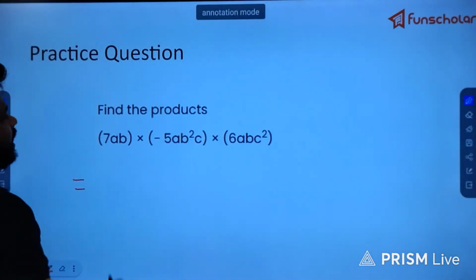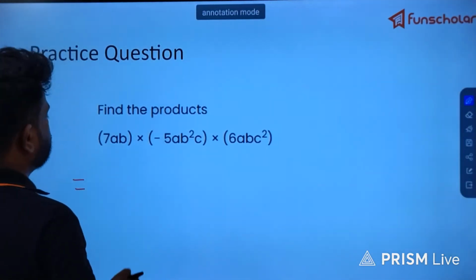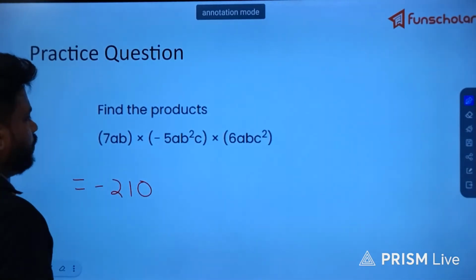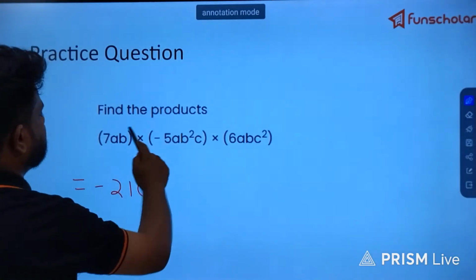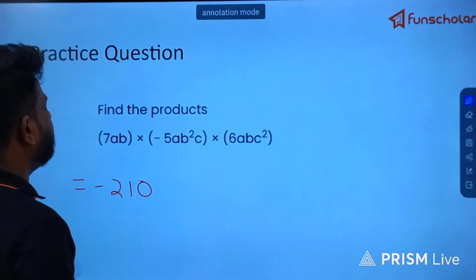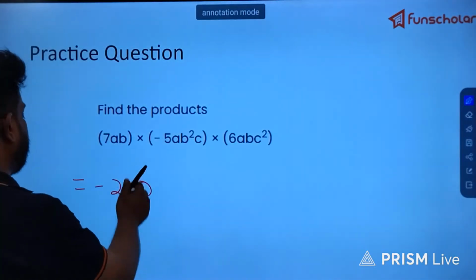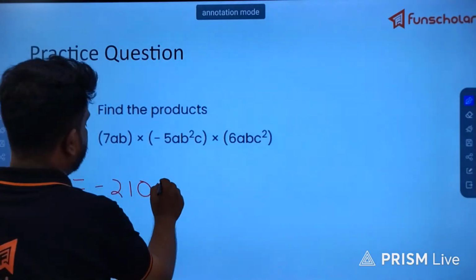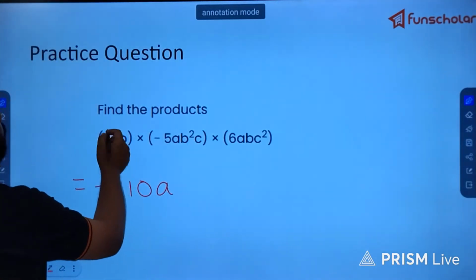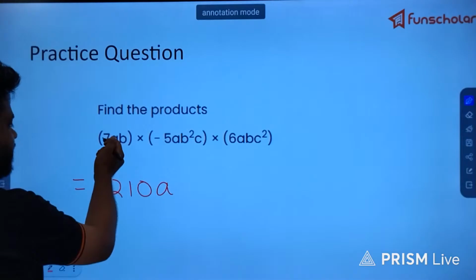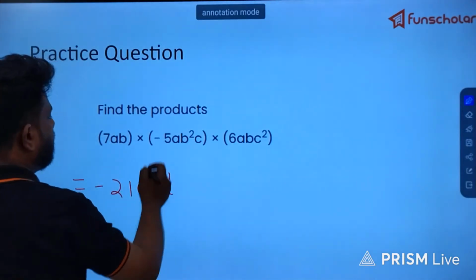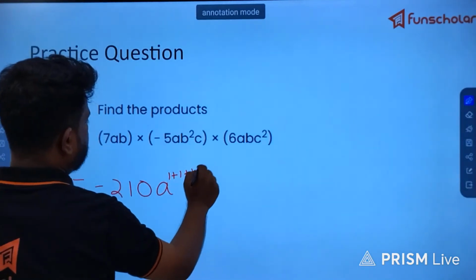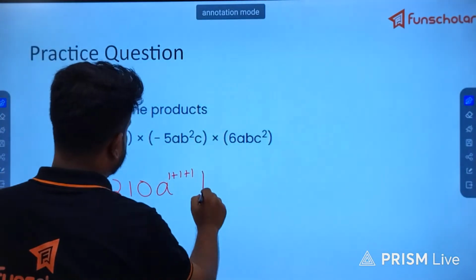So here we have to multiply them as well. So it will be minus 210. Why minus 210? 5 into 6 is 30, and 30 into 7 will be 210, and minus will be the sign here. And here we have a. No power in the first a, so we will be taking it as 1. Same goes for the second and the third as well. And the next is b.